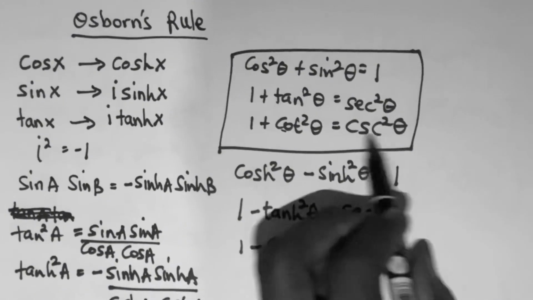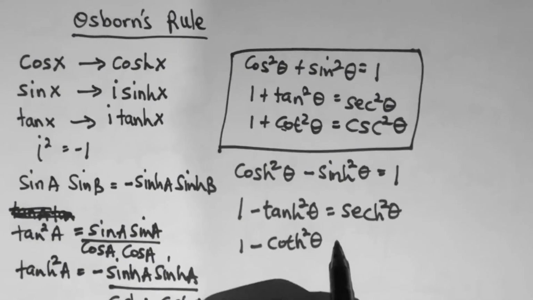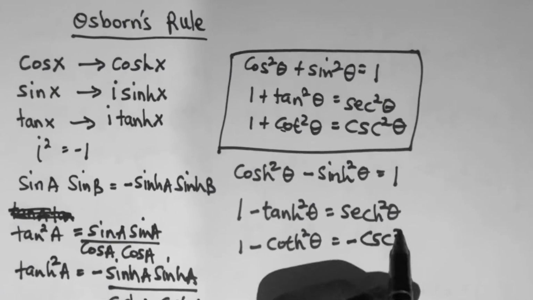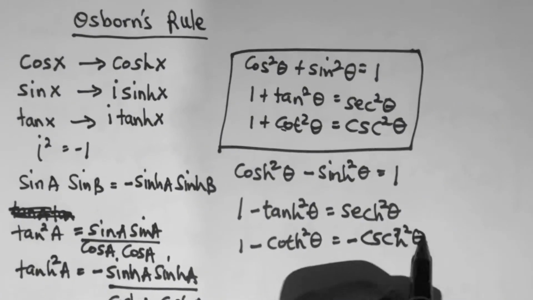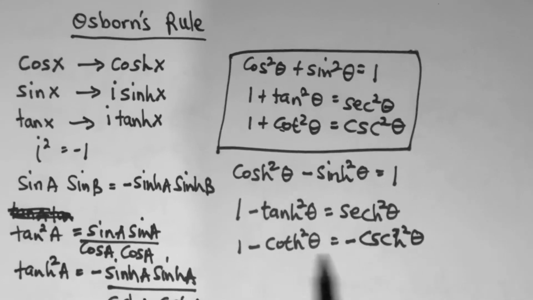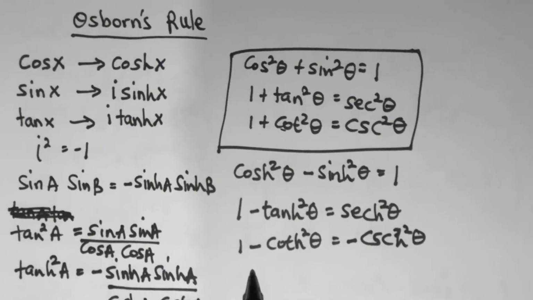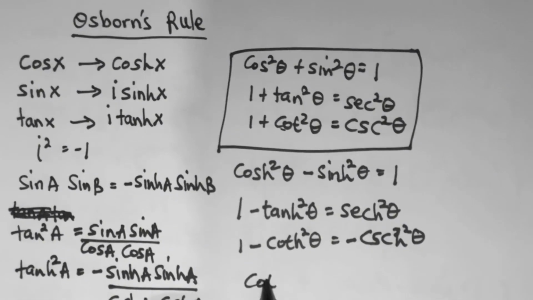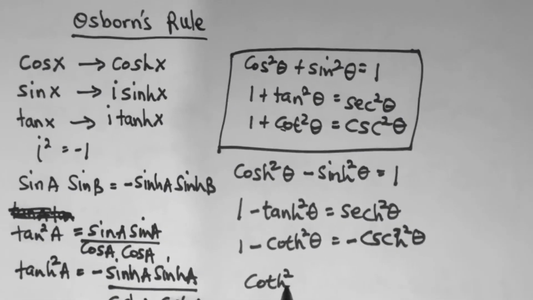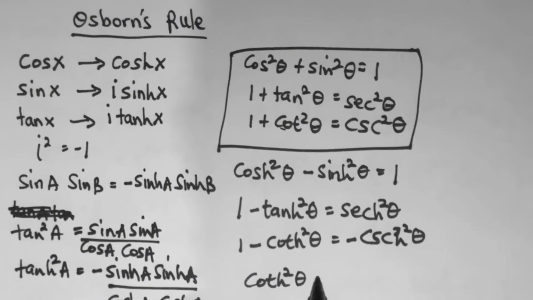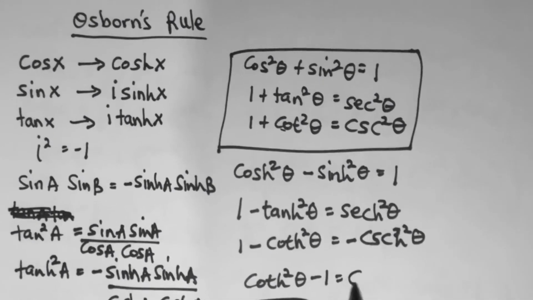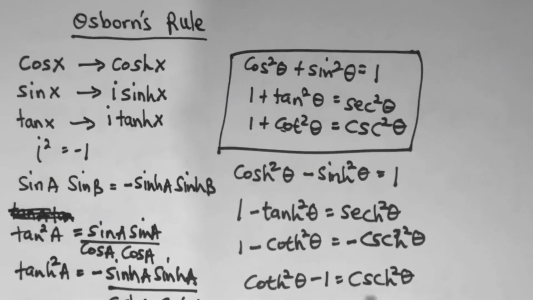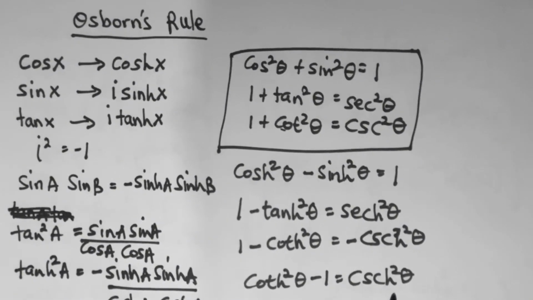Then we also have a product of two sine functions here, equals minus hyperbolic cosech squared theta. So rearranging them, if we multiply through by -1, then we will see that it becomes hyperbolic coth squared theta minus 1 equals the cosech squared theta. And what I mean is the hyperbolic cosech squared theta.